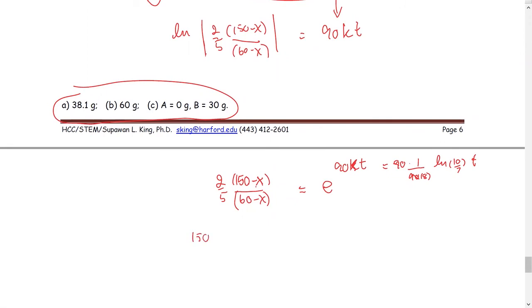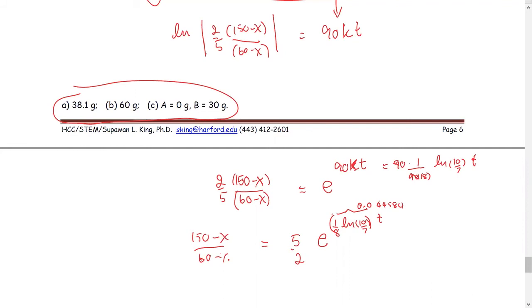So 150 minus x divided by 60 minus x equals 5/2 e to the power 1/8 natural log of 10/7, all multiplied by t. And this number altogether as a decimal number is 0.004584.